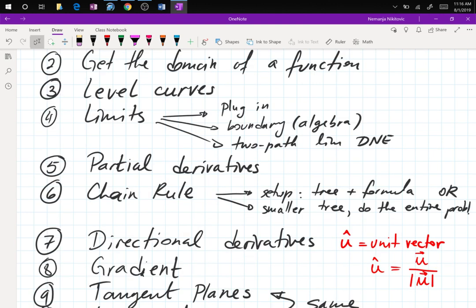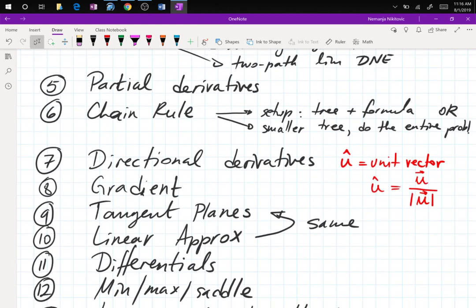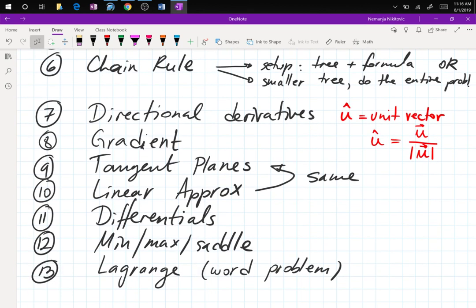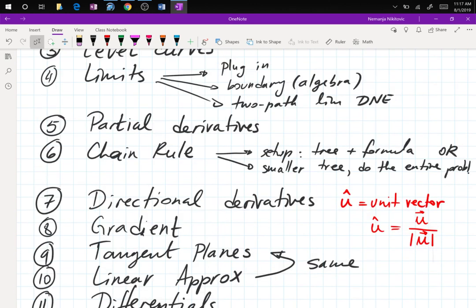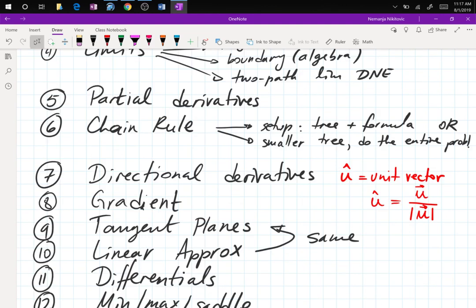So fx and fy derivation. Derivation for directional derivative. And there is no that. So you have these. Great.